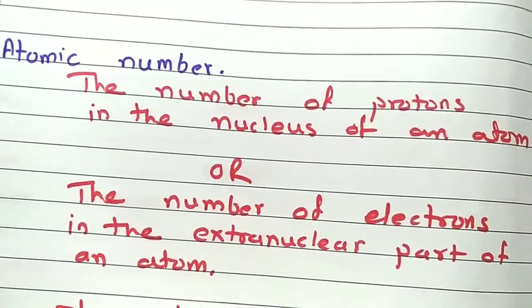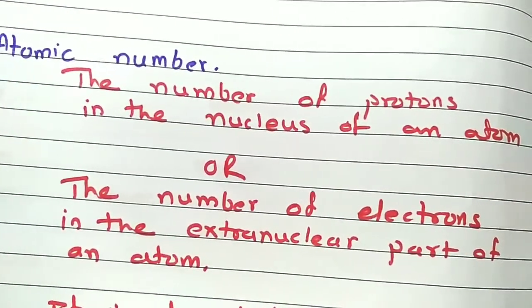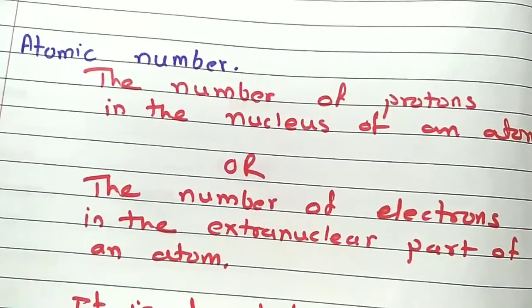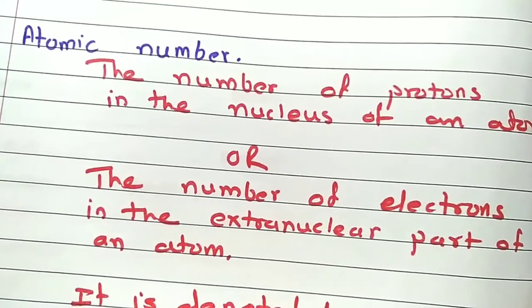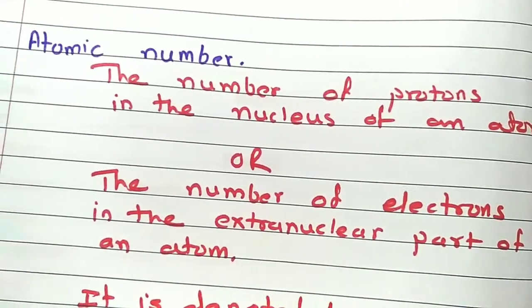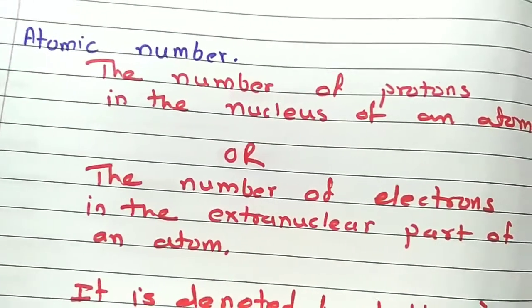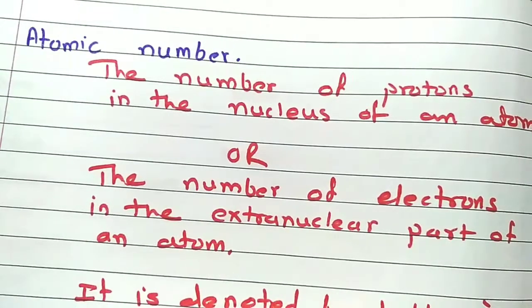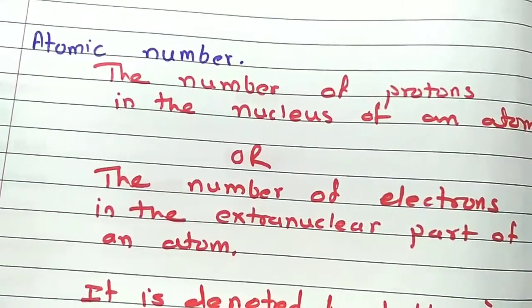Atomic number: the number of protons in the nucleus of an atom is called the atomic number. As we learned, the number of protons is equal to the number of electrons. Hence, there is another definition in terms of electrons: the number of electrons in the extranuclear part of an atom is also called the atomic number.